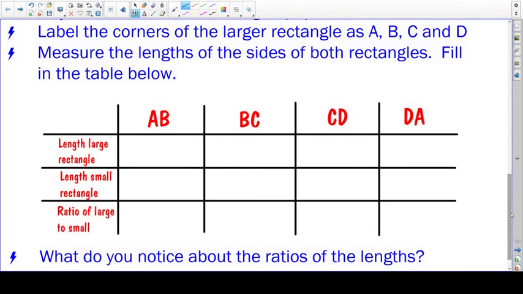Label the corners as A, B, C, D as you did in the first one. And now this would be an appropriate time to pause this video because it's going to take some time to get that rectangle drawn.